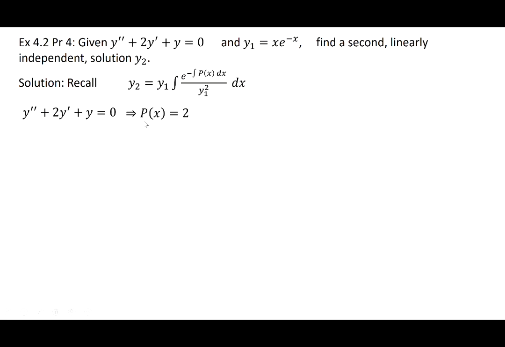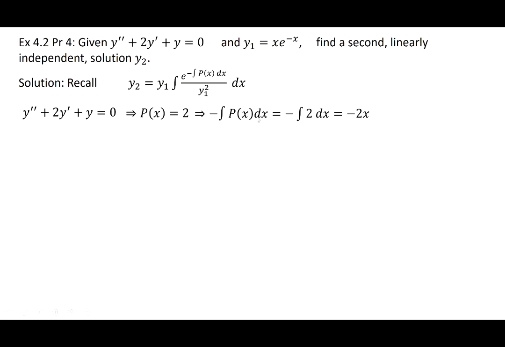As I told you, p of x. I figured out what p of x is. Well, we didn't even need to divide by the coefficient of y double prime because it's already 1. And so we just read off the coefficient of y prime, which happens to be 2. So p of x is 2. And I'm figuring out the negative integral of p of x, negative 2x.